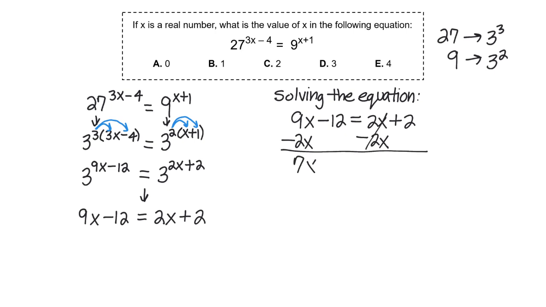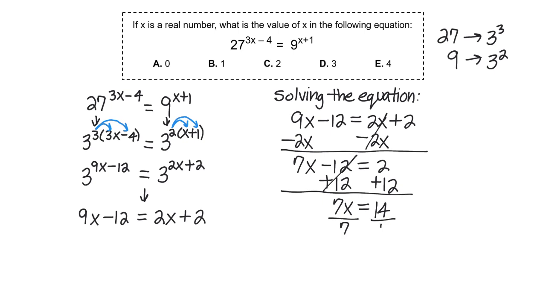That's going to give us 7x minus 12 equaling 2. Then we can bring the 12 over to the other side. 7x is equal to 14. And finally, canceling out multiplication, we can use division, and x will equal 2. So in order for both sides to be equal, x will equal 2. The answer is C.